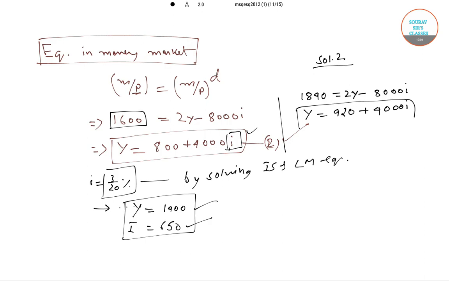We get the value of y to be 920 plus 4000i. So this is the LM equation.